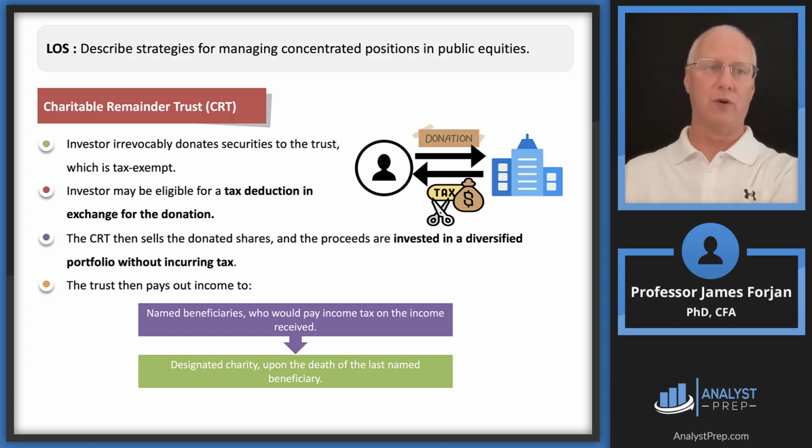You put the miniature golf course in a CRT. What did I say? It was $2 million. So we might get a $2 million tax deduction, or a $1 million tax deduction, or a $10,000 tax deduction. Of course, it depends on that country's rules about the tax deductibility of charitable donations.